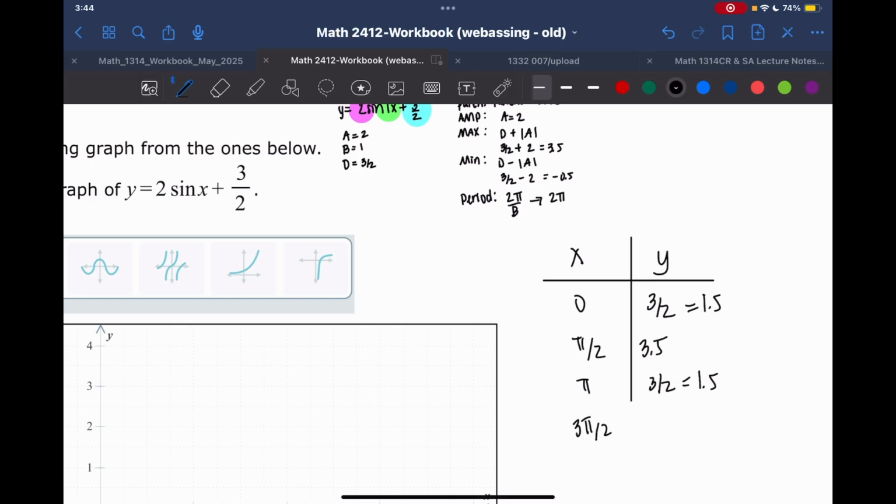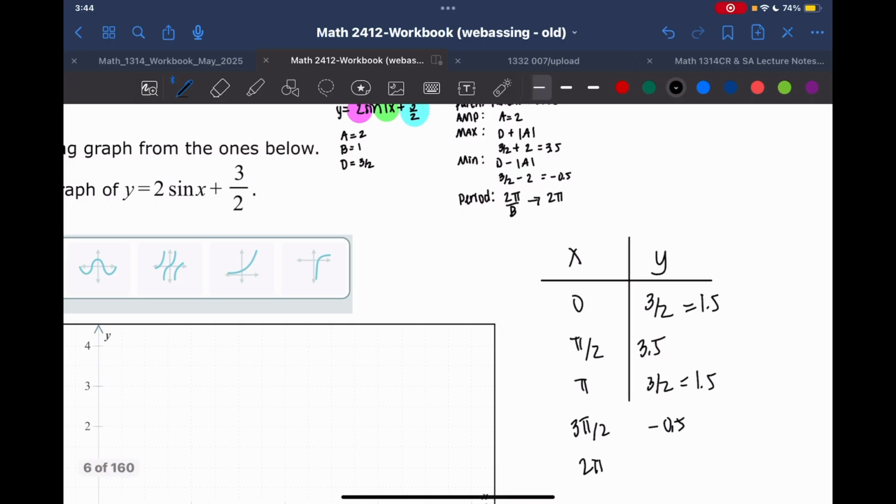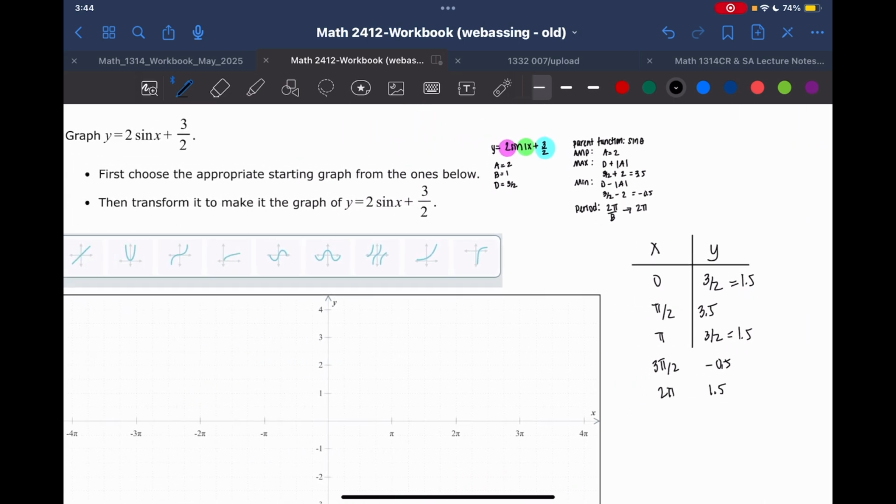That's going to take us to our low point of negative 0.5. And then 2 pi is going to give us back to our midline, 1.5. And I say midline because that's the line that we use in our vertical shift. So it's almost like our x-axis has shifted up.